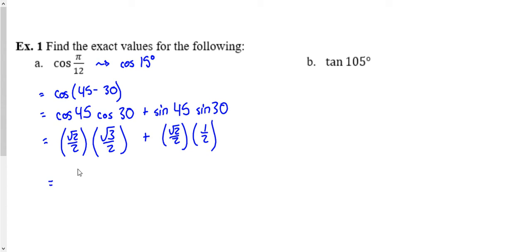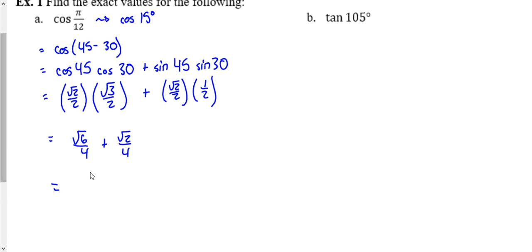On the left here, if you're multiplying, you would end up with root 6 over 4 plus root 2 over 4. From here, I'm going to clean it up one more time. I can't combine my radicals, so I'm going to write them side by side. So I have root 6 plus root 2, but I can combine my denominator. When adding, it just becomes 4.